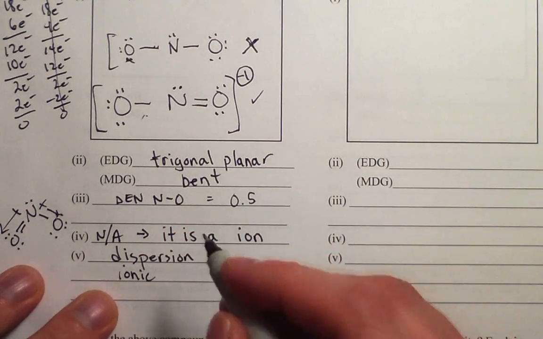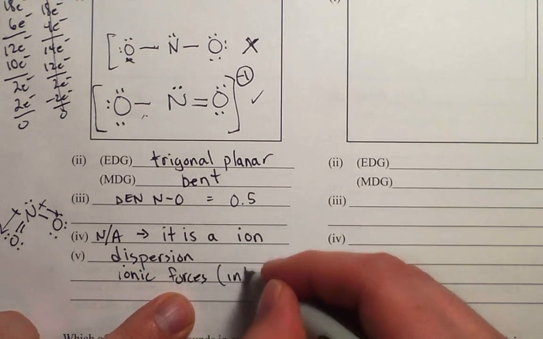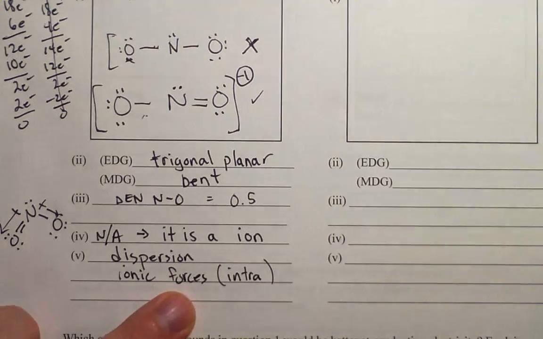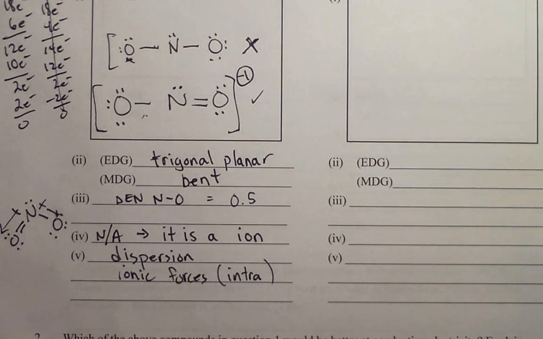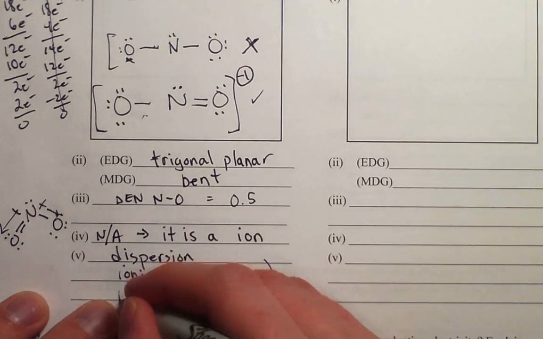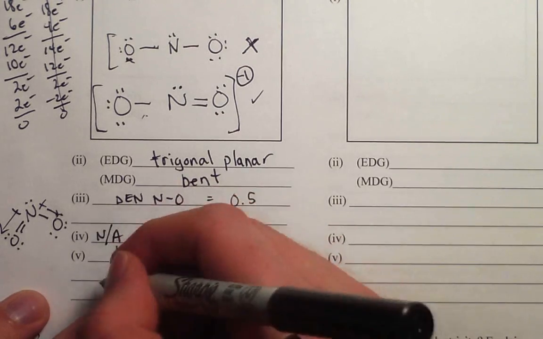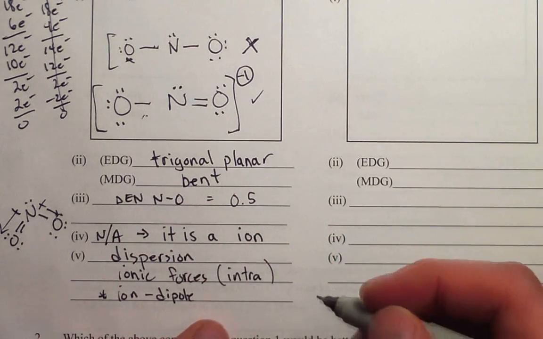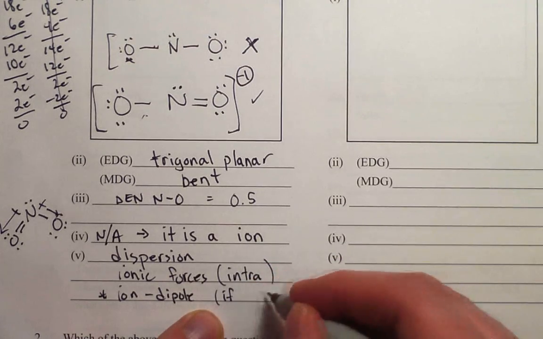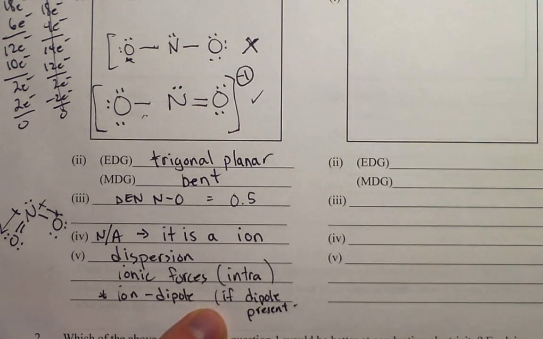We are going to have ionic forces, which is technically an intramolecular force, because if it comes closer to any cation, it will of course associate with those. And then we can also have ion dipole, which is very likely the number one answer that we'd be looking for here, and that's only if a dipole is present. So that's what we're going to do for A.